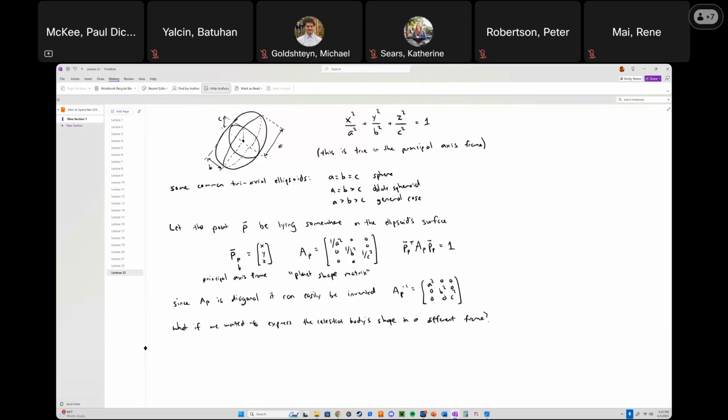Let's say that P in the principal axis frame is P in some other frame, like maybe the camera frame. Well, what's the relationship between these? It's going to have to be T, C to P, right? Camera frame to principal axis frame. We're not talking about where we get this from yet, but for now, there is a matrix that describes the relationship between these two frames.